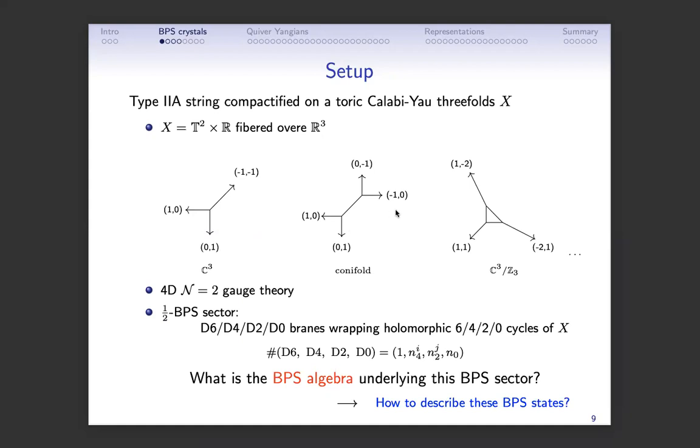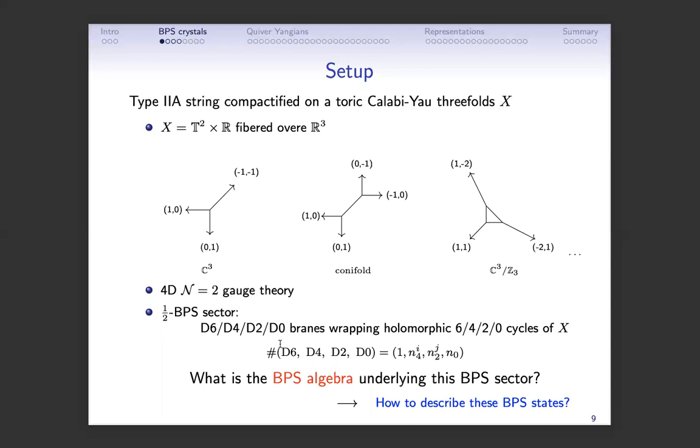Roughly speaking, there are two types. The one where the toric diagram has no closed loops corresponds to a toric threefold that has no compact four-cycle, and those with a closed loop correspond to a threefold with a compact four-cycle. The 4D theory is some N=2 quiver gauge theory, and the BPS sector is these D-branes wrapping holomorphic cycles.